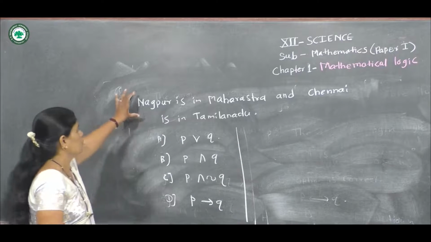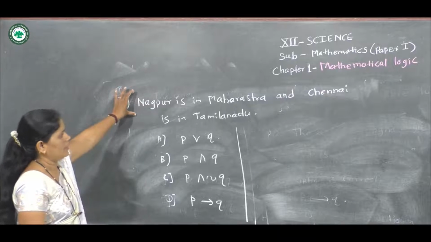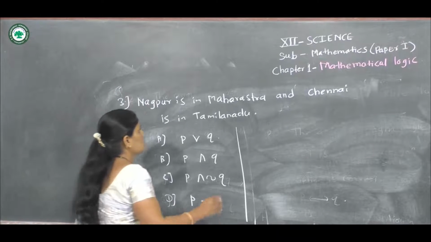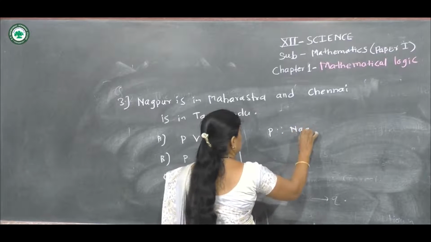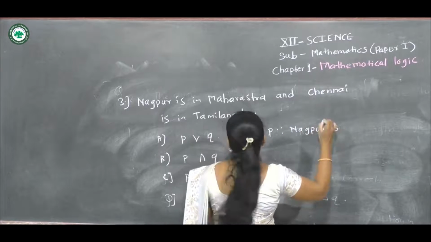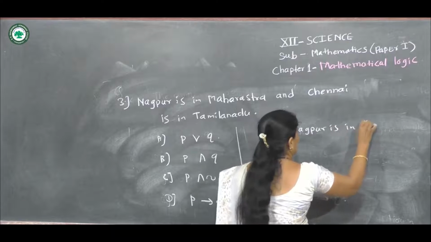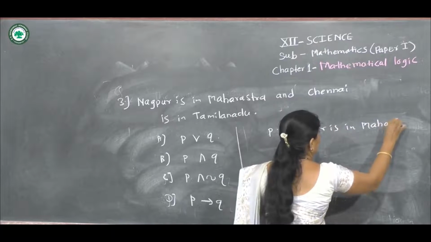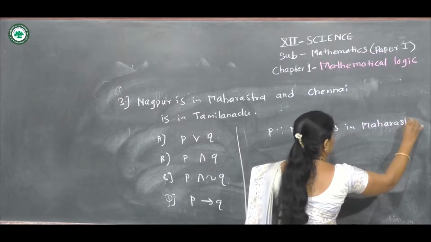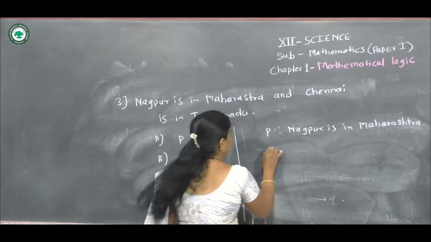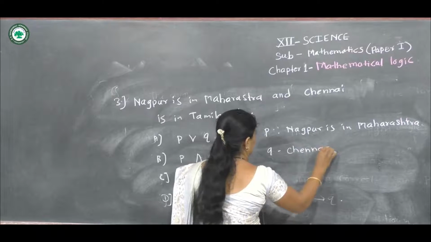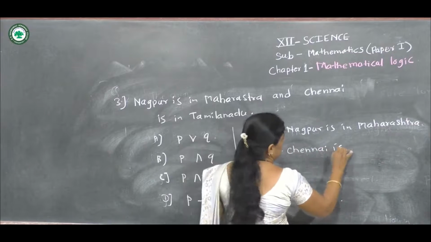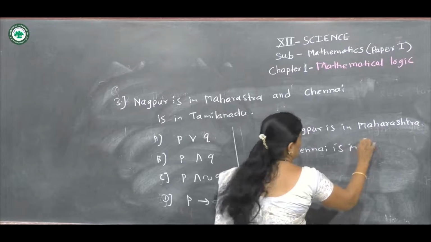First, P is: Nagpur is in Maharashtra. Q is: Chennai is in Tamil Nadu.